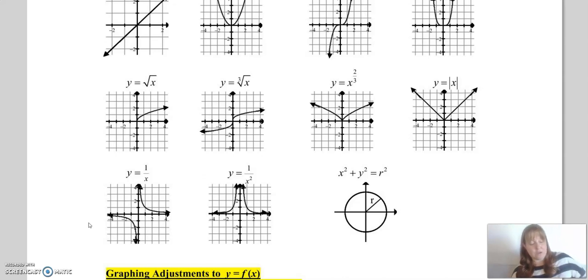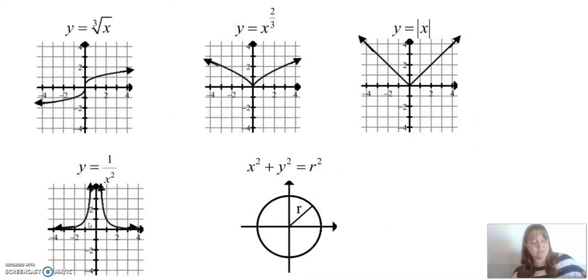Absolute value, I don't know how much we hammered this one, but basically think of this as a line, y equals x. But when we take the absolute value, all of the negative x values can no longer exist as they were. We can put them in, and when I put in -1 to this, I get out the same thing as if I put in +1.